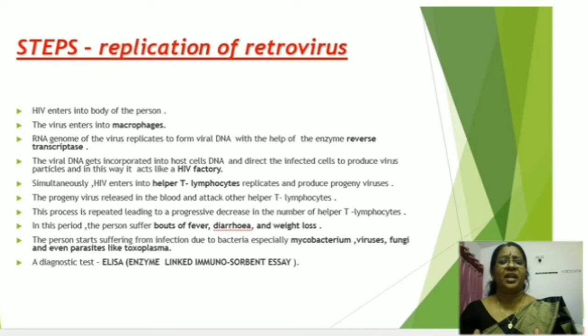In this period, the person suffers fever, diarrhea, weight loss, etc. The person starts suffering from infections due to bacteria, especially mycobacterium, viruses, fungi, and even parasites like toxoplasma. A diagnostic test helpful to identify this virus is called ELISA, enzyme linked immunosorbent assay.